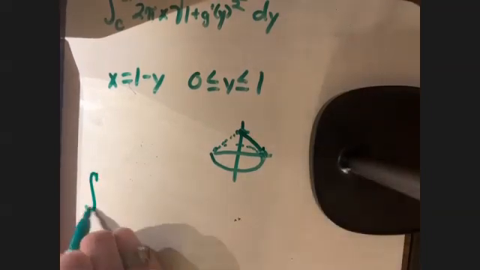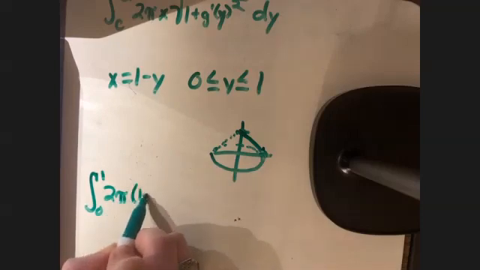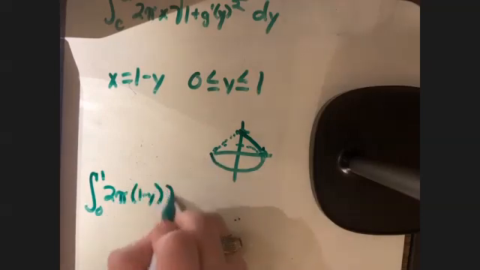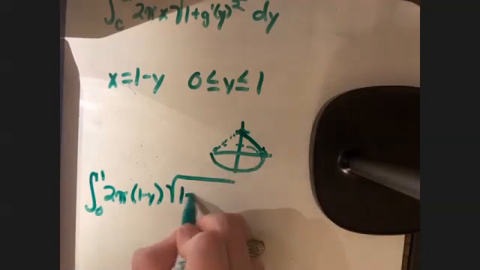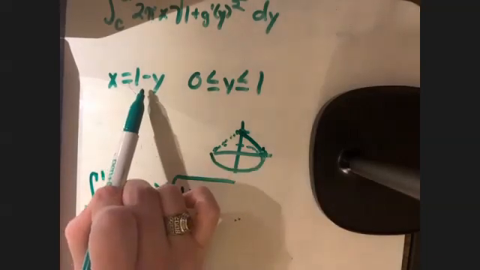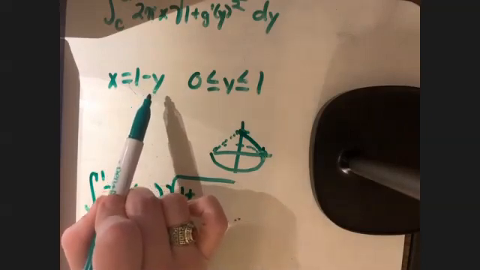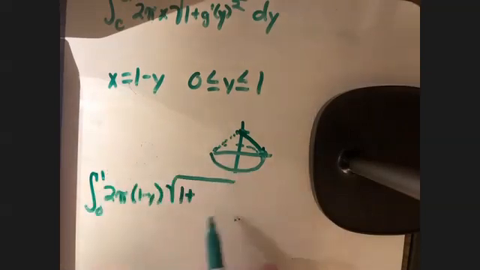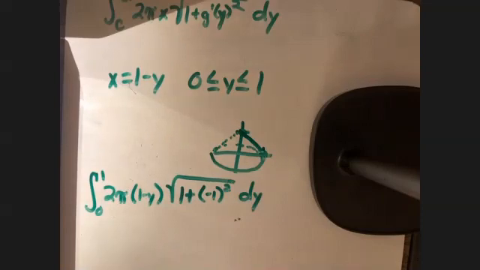So we have the integral from 0 to 1 of 2 pi times 1 minus y times the square root of 1 plus, now the derivative of this is going to be negative 1, a nice, clean derivative, negative 1 squared dy.